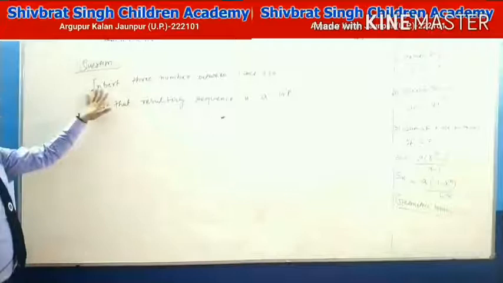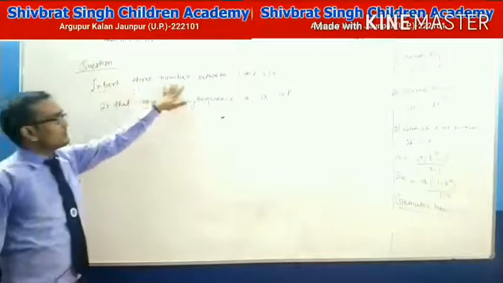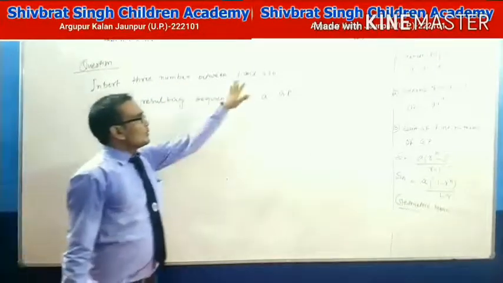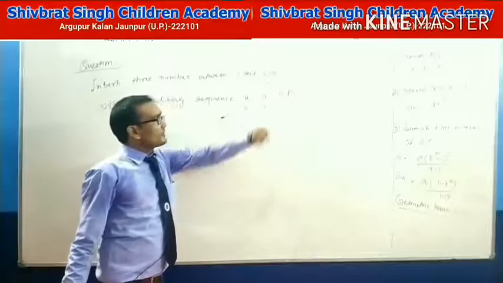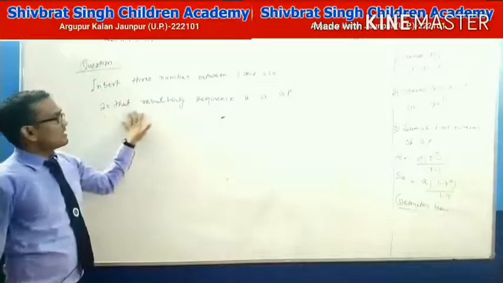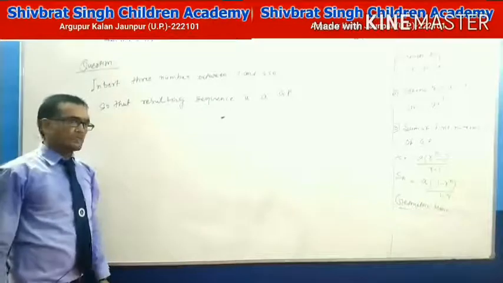In this question, insert three numbers between 1 and 256 so that the resulting sequence is the GP.